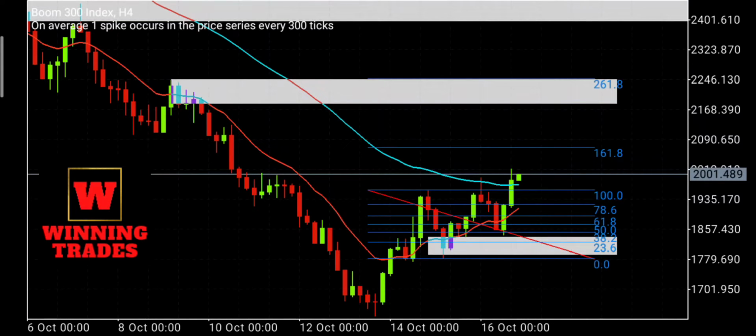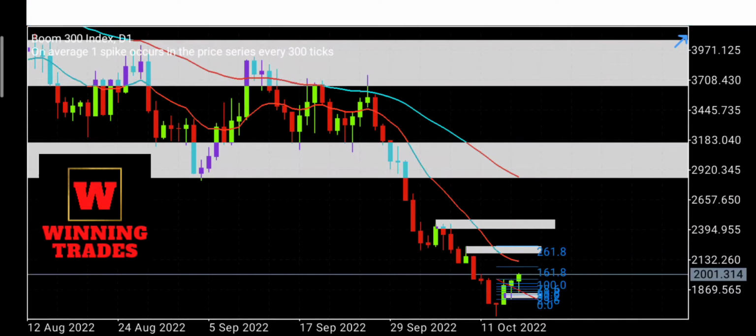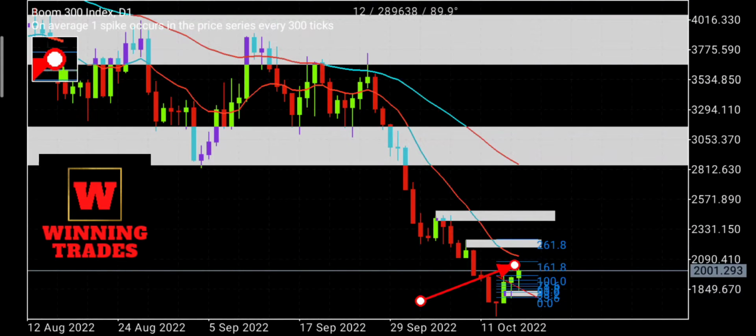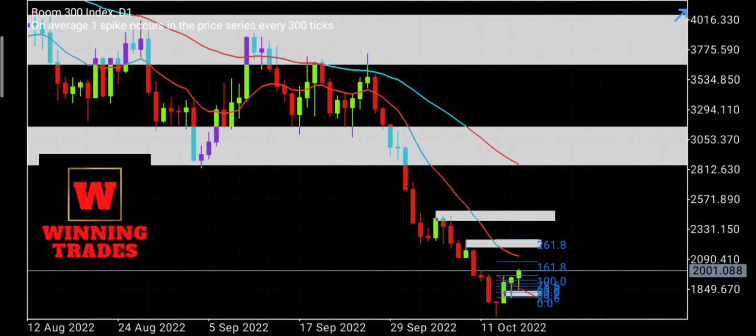All right, so if you look at the daily, you can see that price most likely will test this 13 EMA here, and then if it breaks that upwards, then we may see price come all the way to test the 50 EMA.